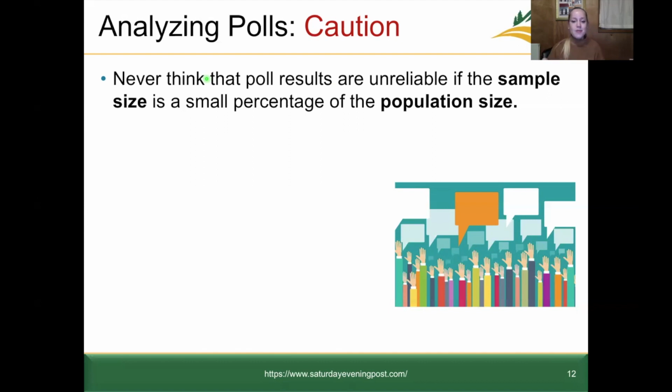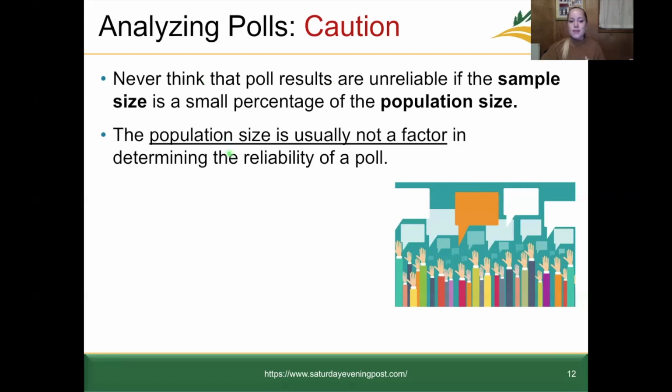And it can truly be a reliable way of getting information about a population, even with a small sample size. We can't necessarily rule that out. Additionally, the population size is usually not a factor in determining the reliability of a poll. The reliability of an election doesn't have anything to do with the total number of people that live in the US, for example.